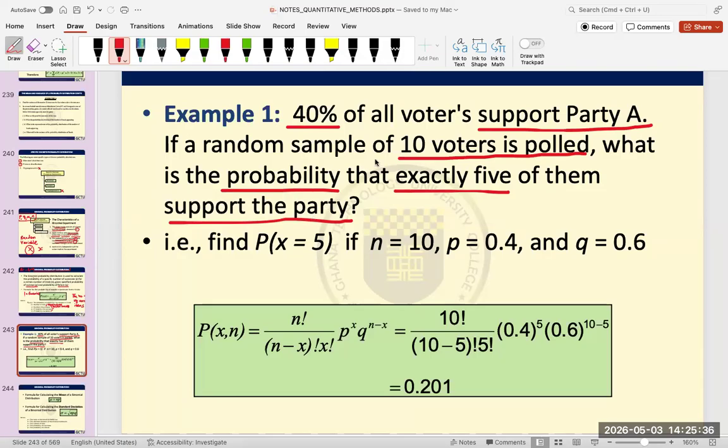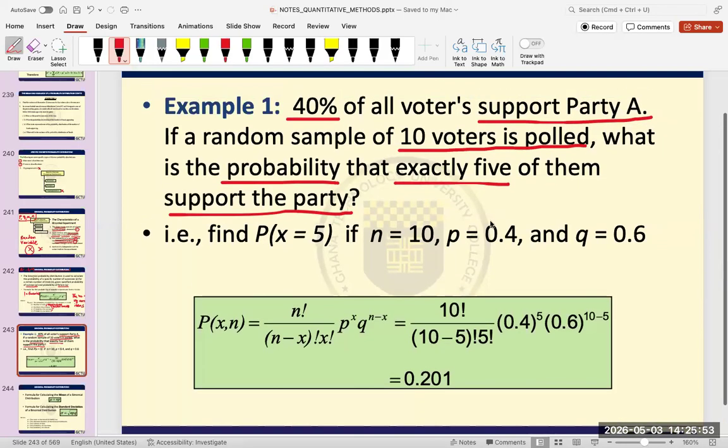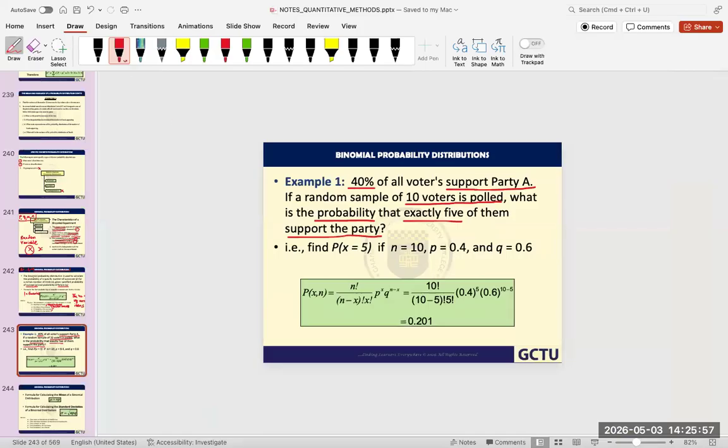Once you see a probability, it means we need to measure a chance. So if 40% are supporting party A, then it means that 60% are not supporting party A by implication. So that's the first thing you try and take note of.